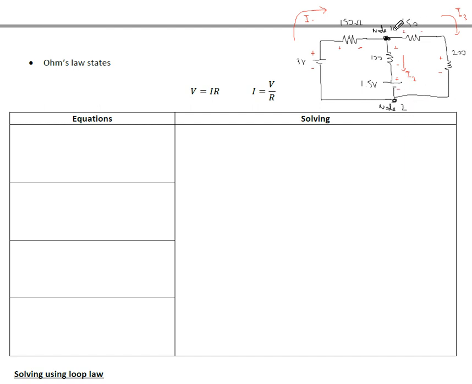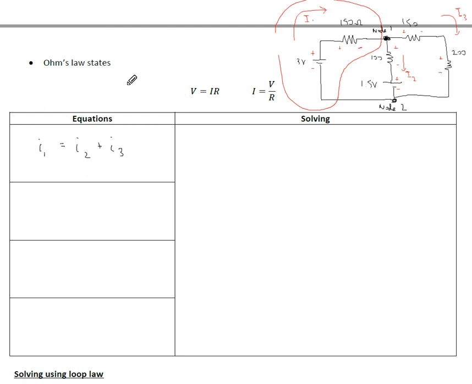At node 1, current's going in, so I'm going to say I1, and based on my definition, I1 is equal to I2 plus I3. Now we need to create 3 other equations. We're going to look at each path. Here's one path: what's happening with I1?